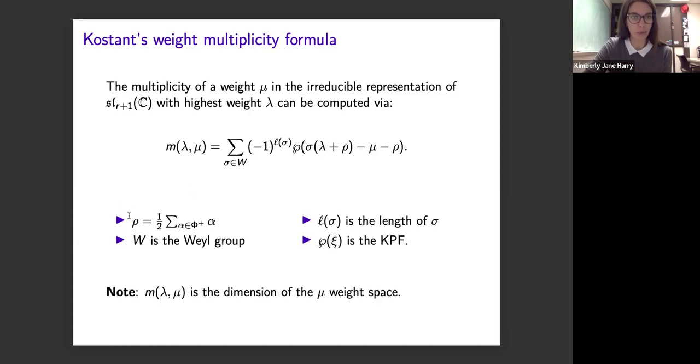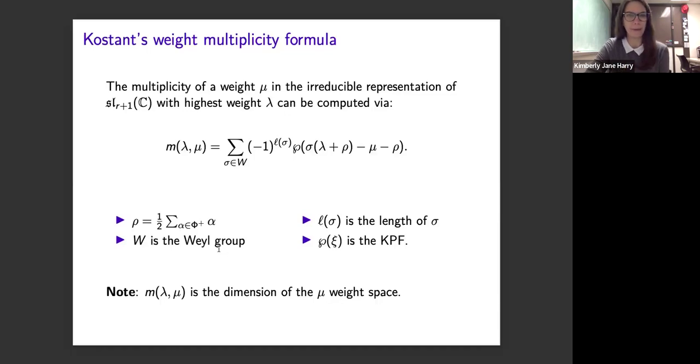So I have rho, and rho is going to be the sum where I am taking all of my positive roots and adding them up and then dividing by 2. We'll see that in an example in just a second. But just think of it as taking the positive roots, adding them up, and then dividing by 2. W here, I notate as the Weil group.